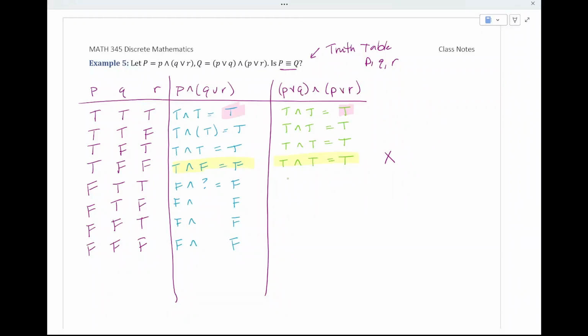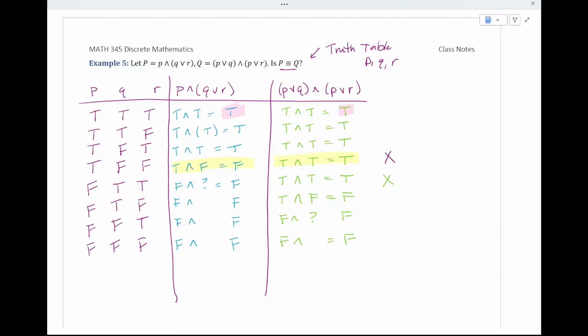Let's see, P or Q is true and true, which is true. So again, another row that's different. P or Q is true and false. Oh, this one's false. And this one's false. So this is going to be false, false, and it doesn't matter. And then this is another false and.